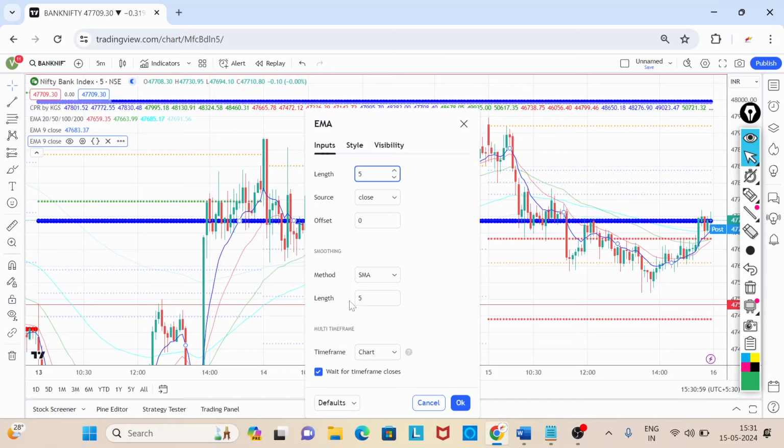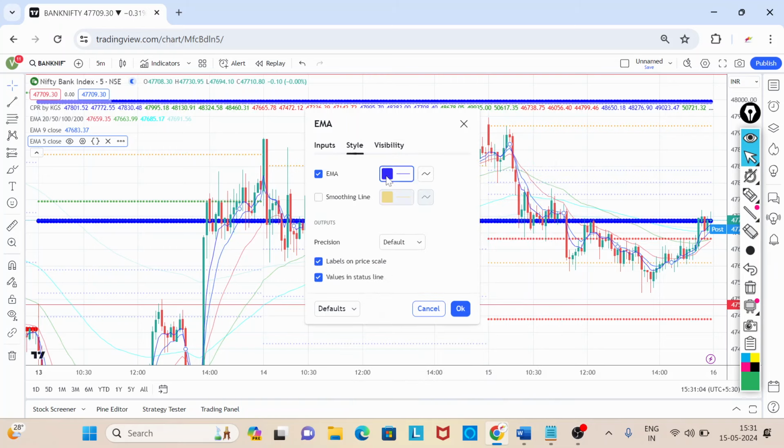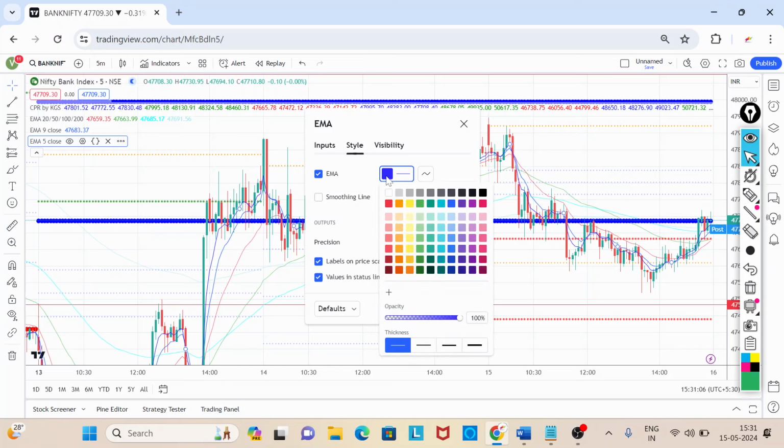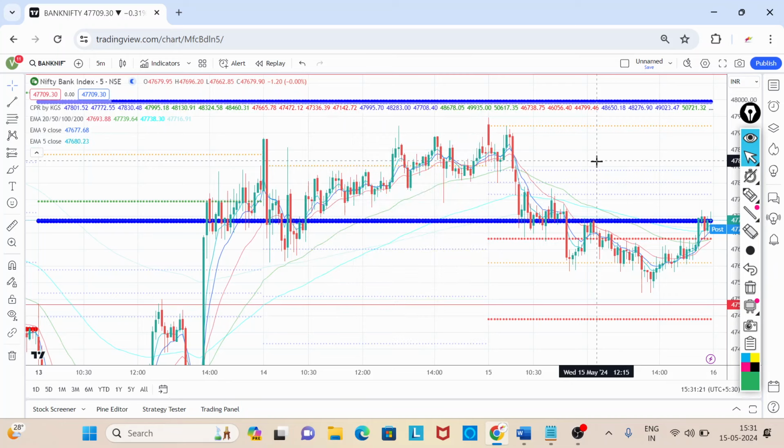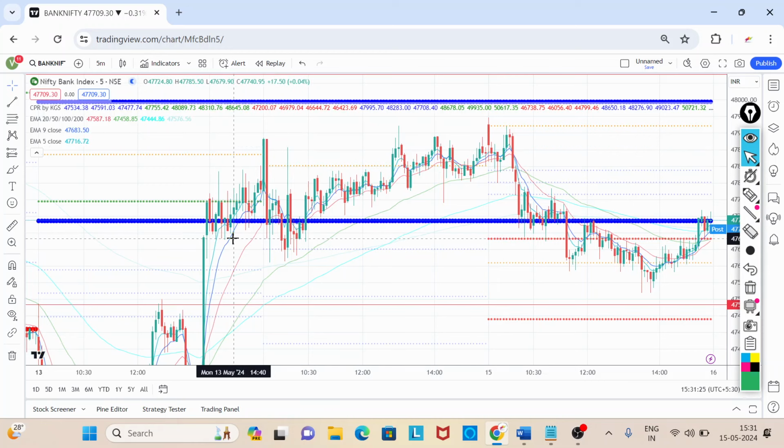I don't usually change these lengths. Just the style and color I will change, because we need to differentiate between the EMAs on the screen. If you want it thicker, you can keep it thicker, but I will keep it a little thinner. Anyhow, we can identify the line. I think 5 and 100 are of similar color, so let me change the 5.